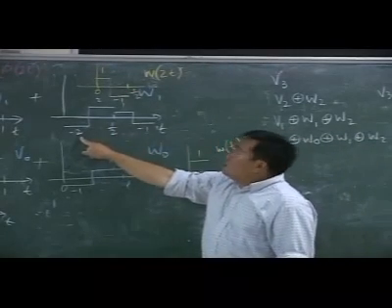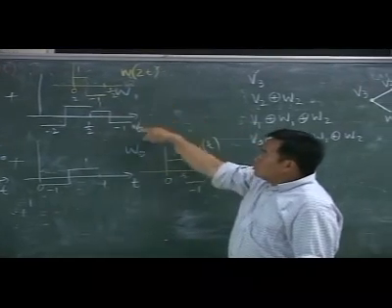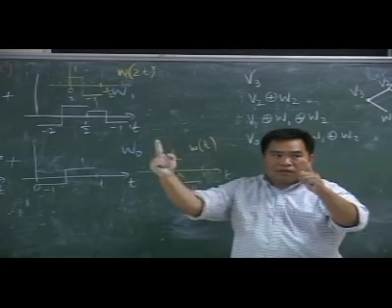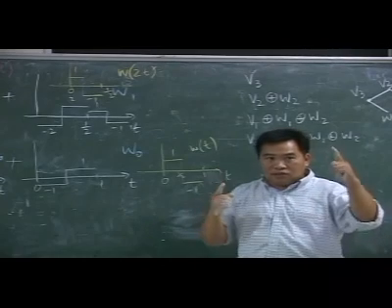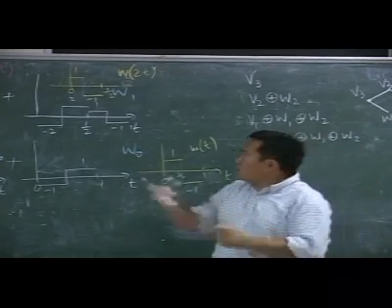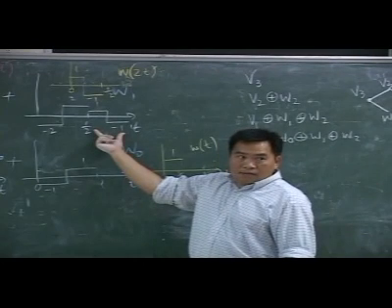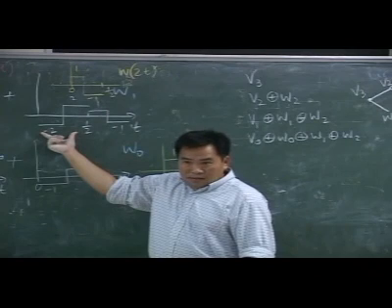Minus 2 W of 2t plus 1 W of 2t minus 1. 2t minus 1 is shifted by a half, because that's a 2t, right? So this is W of 2t minus 1, and this is minus 2 W of 2t.